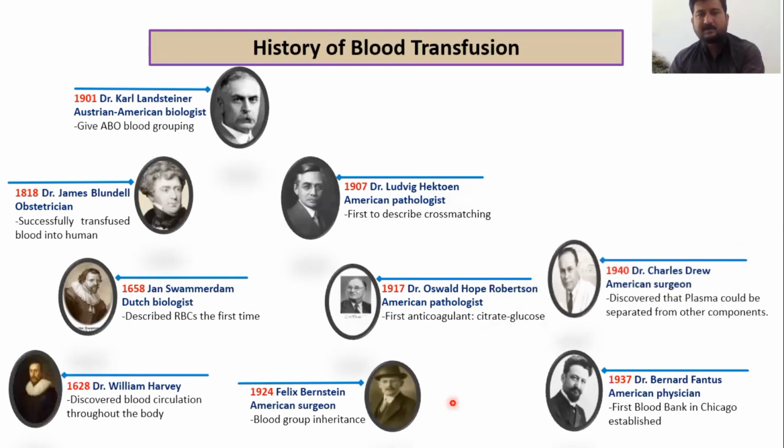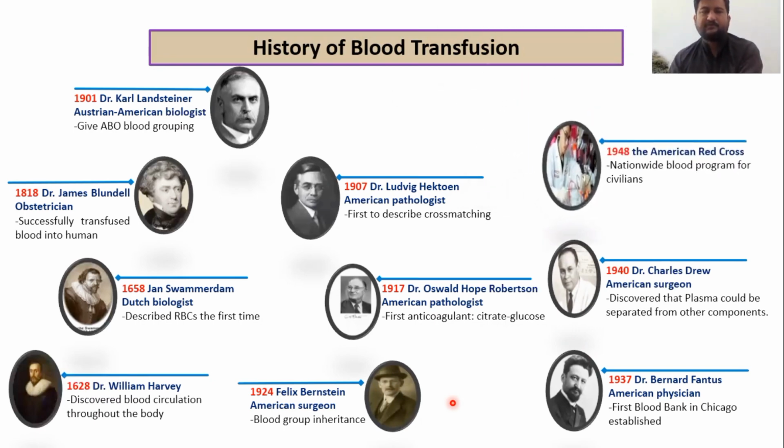After this, in 1940, Dr. Charles Drew, an American surgeon, discovered that plasma could be separated from the other components present in blood. In 1948, the American Red Cross, an organization, established a nationwide blood program for civilians.